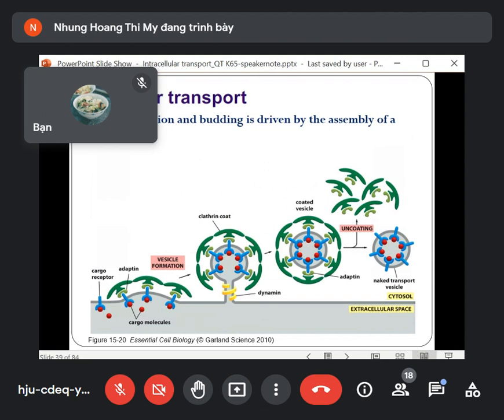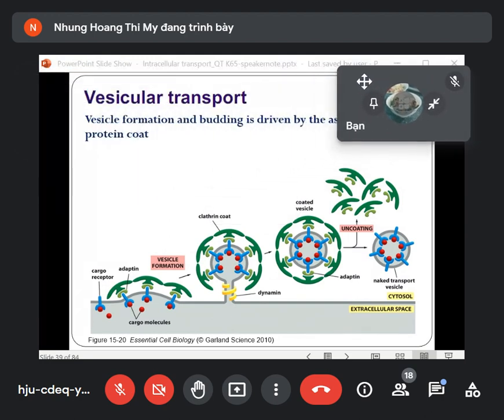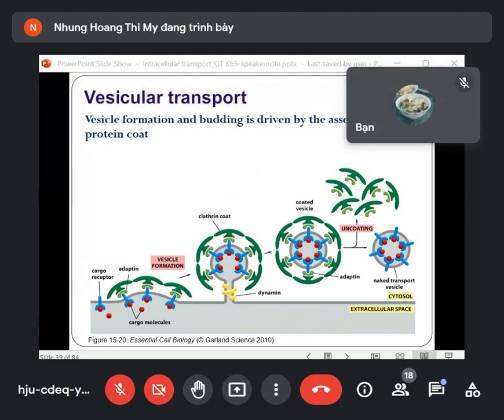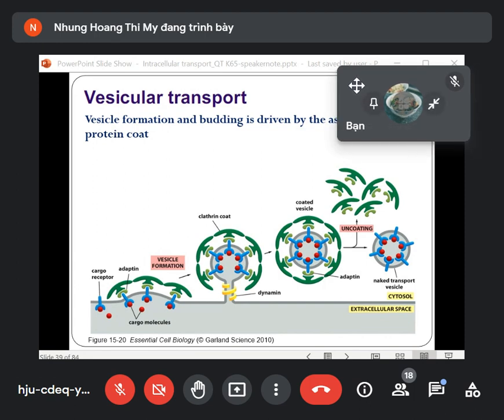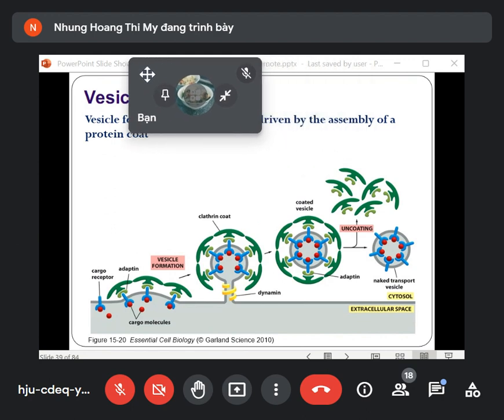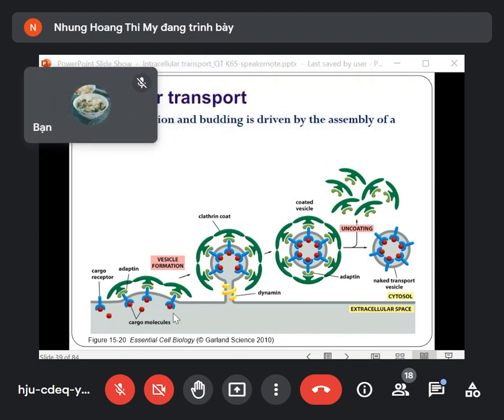Okay, so the first step, also a very important step, is the vesicular formation. This slide is about the first step of the vesicular formation from the clathrin protein, the coating protein named clathrin. So in clathrin-coated vesicle transport, first we select the cargo molecule.